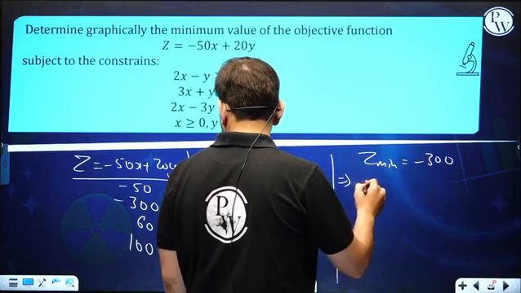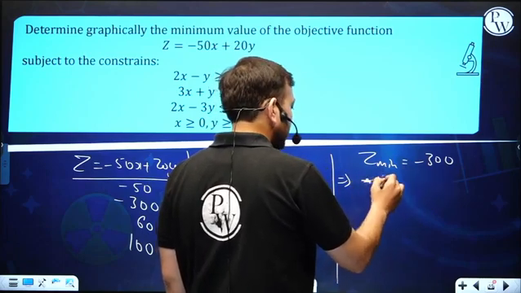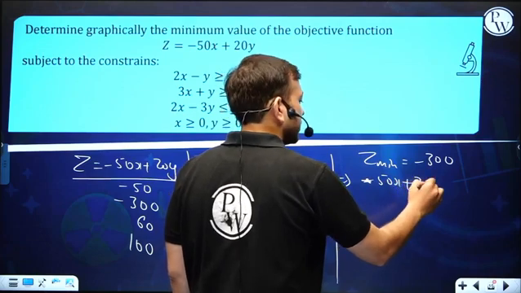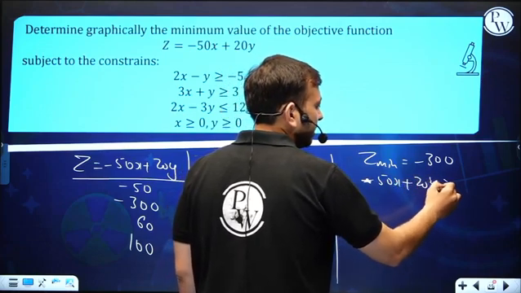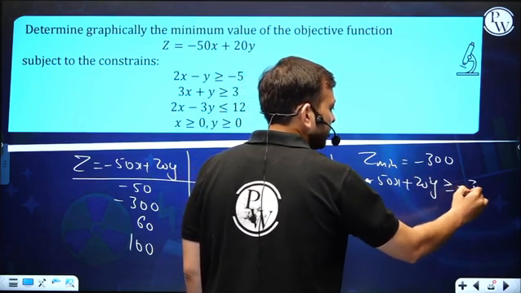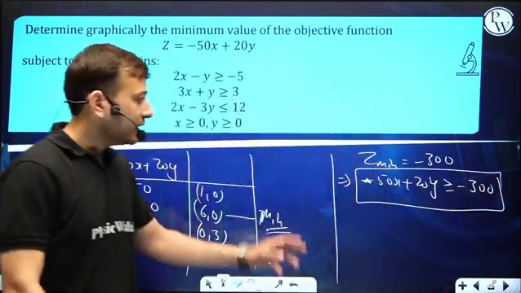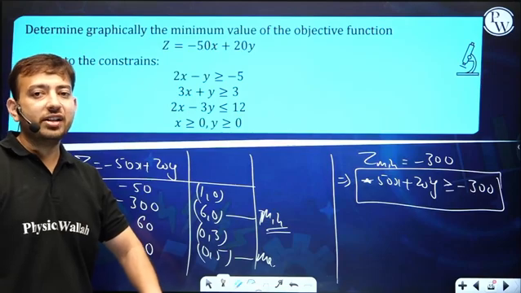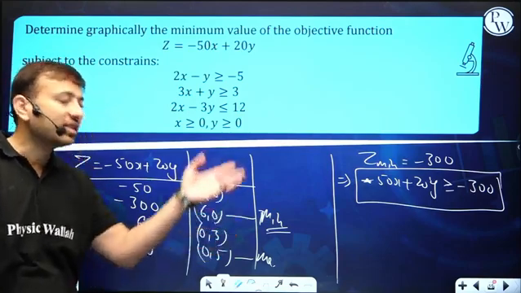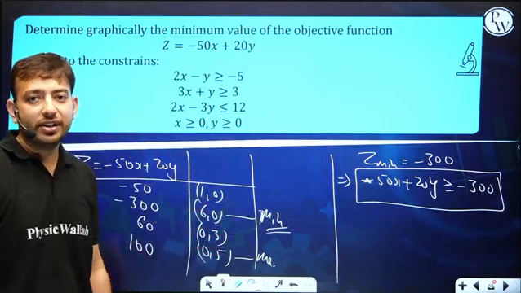That implies that minus 50x plus 20y is greater than or equals to minus 300, because it cannot go less than minus 300. So it will always be greater than or equals to minus 300.